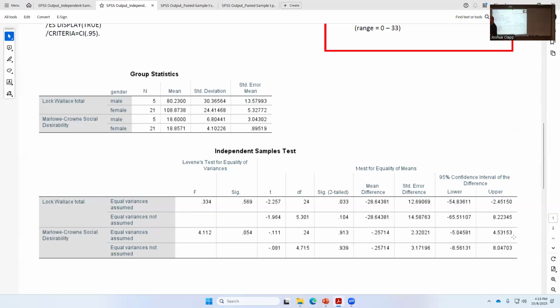So if I have a really small sample, and when we get into correlation, let's say I have a correlation of 0.20. Is that a significant correlation? It depends.